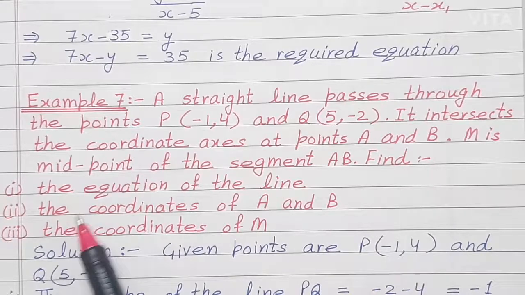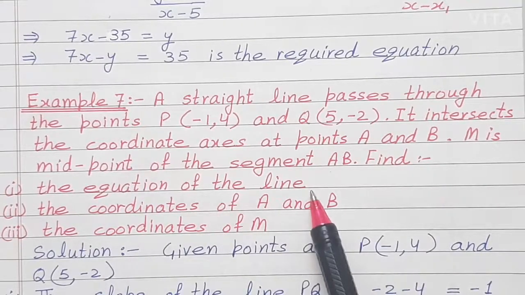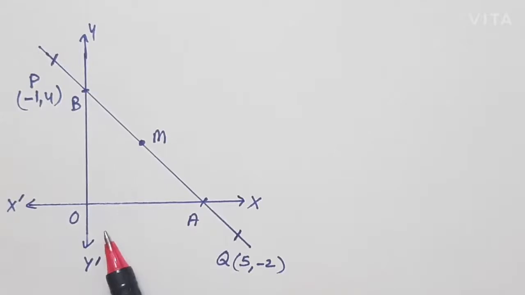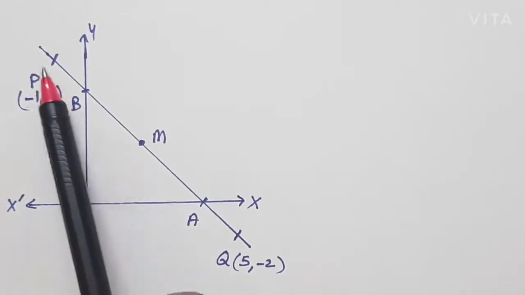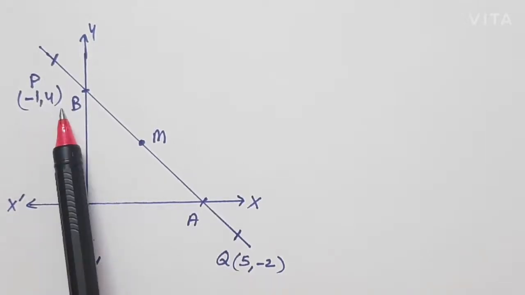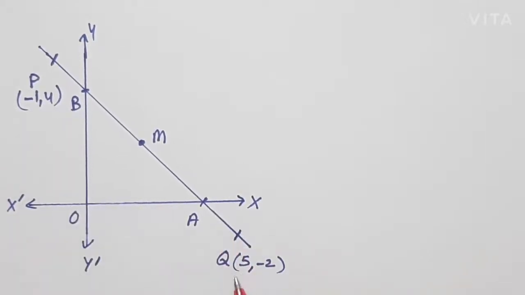Find the equation of the line, the coordinates of A and B and the coordinates of M. Now students, we can see there are 2 points given, P and Q, where P is (-1, 4) and Q is (5, -2).